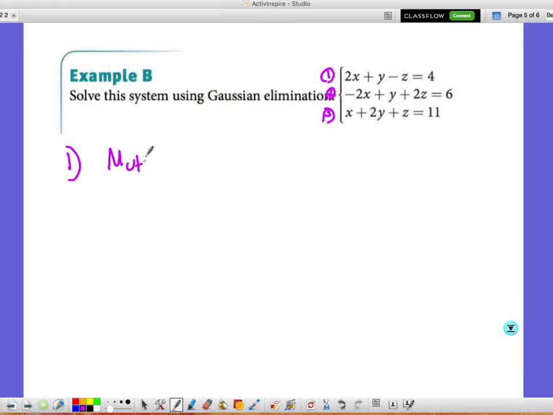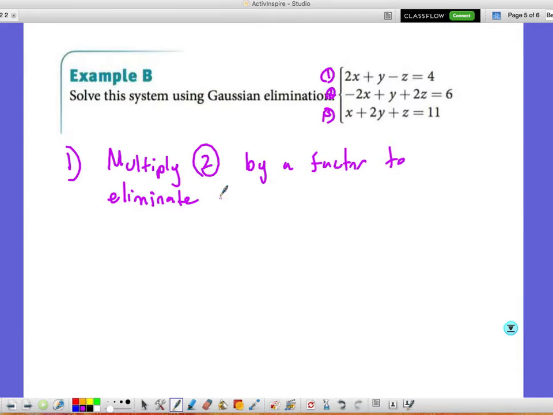So multiply the second equation by a factor to eliminate x and add equation 1 and equation 2.